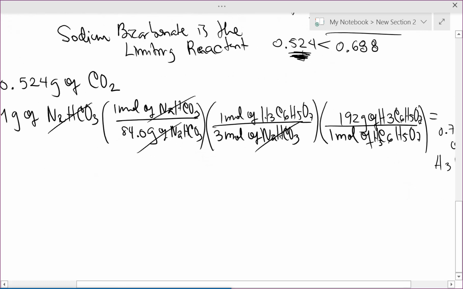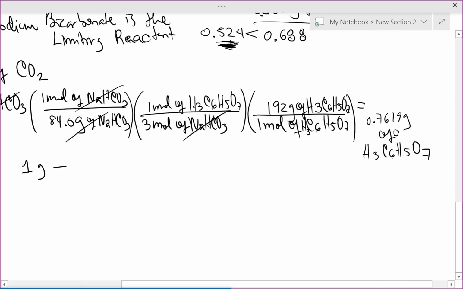So we subtract what we had in the beginning for the citric acid before going far with the reaction. So we have 1 gram minus whatever we got after the reaction was done. So 1 gram minus 0.7619 grams of citric acid.